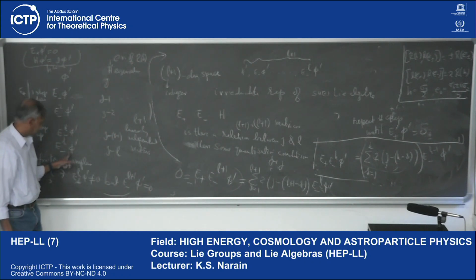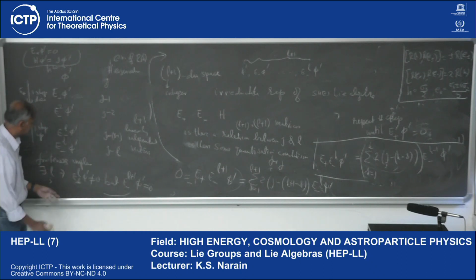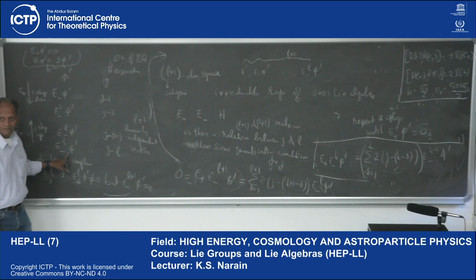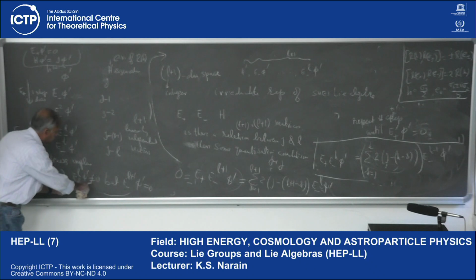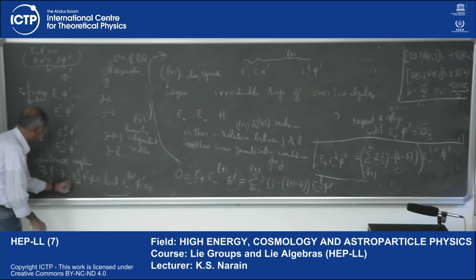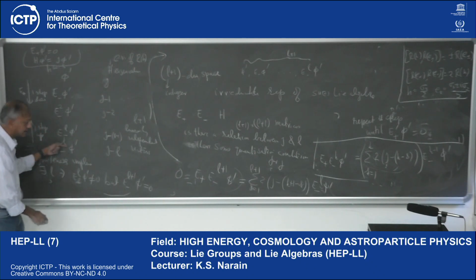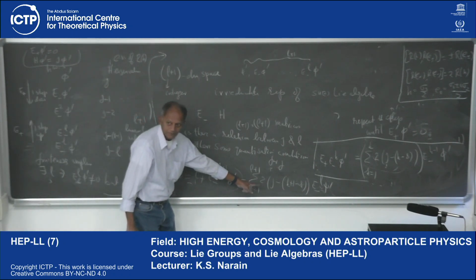You see? So this is a kind of consistency check. We are declaring that this is the lowest state. We declare that. But then that means this is 0. On the other hand, formally, suppose I didn't know this was 0, I apply E plus on that, I am going to get to this state with this particular number.